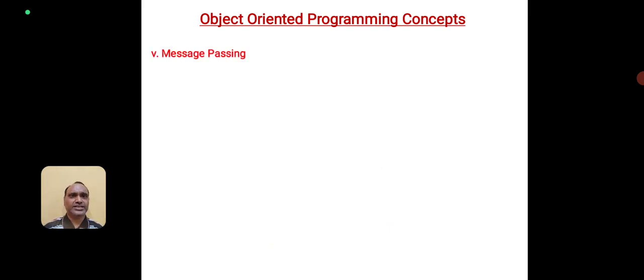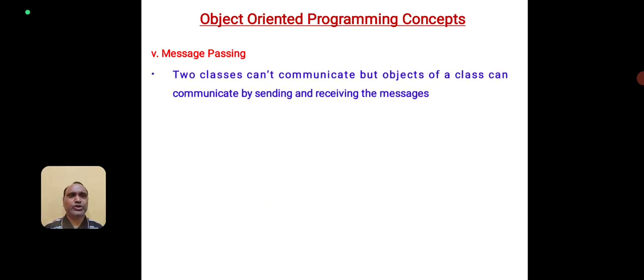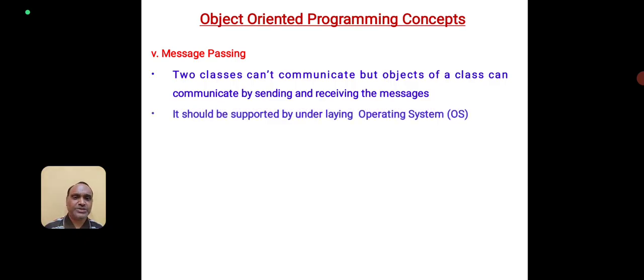Another concept is called message passing. Normally, classes cannot communicate. Suppose inside one program you have two classes, one class cannot communicate with another class directly. All that communication is done through the objects of those classes. The objects belonging to one class can communicate with the objects belonging to another class by sending and receiving messages.